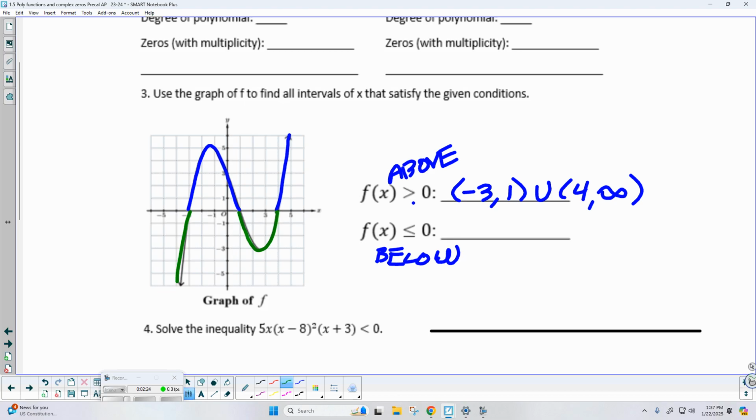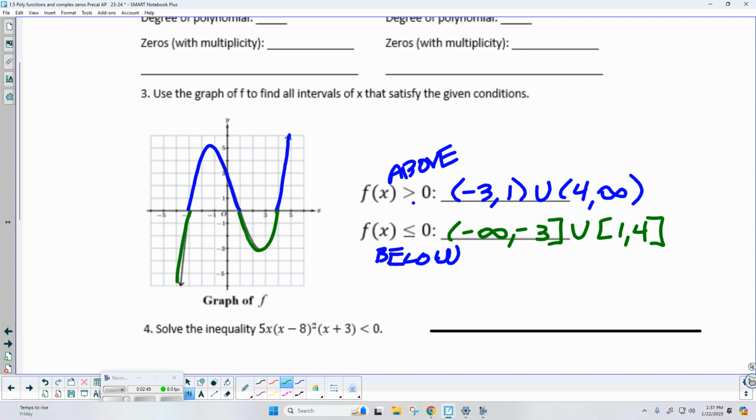So this one, we're coming in from -infinity to -3. Now this one, we do have equality, so I'm going to go ahead and put a bracket on there. Union, and then we have one between, looks like 1 and 4. Right. Good. Okay. What else?